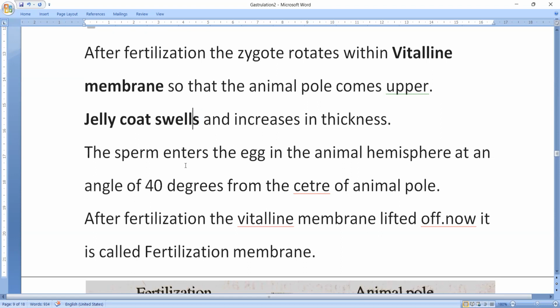The sperm enters the egg in the animal hemisphere at an angle of 40 degrees. Generally the sperm enters at different places and different angles from the center of animal pole.